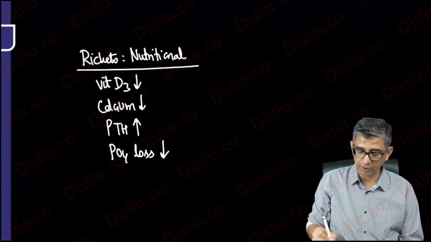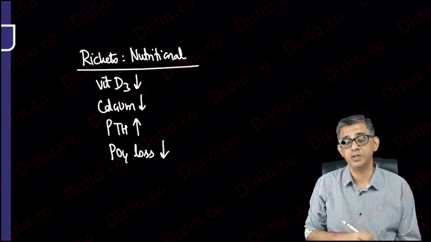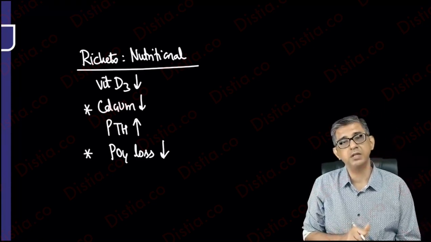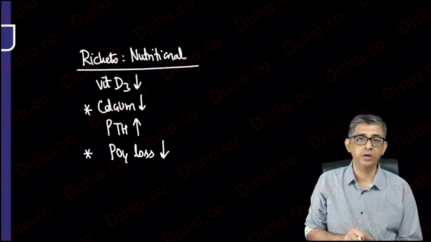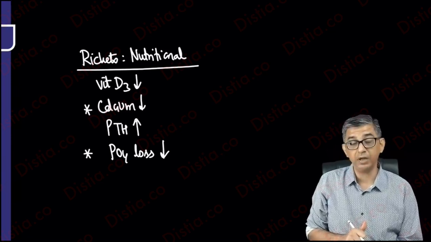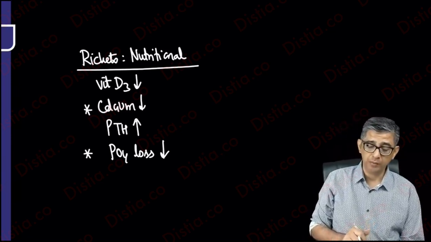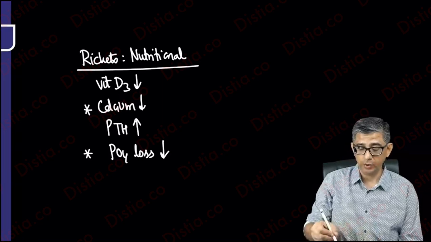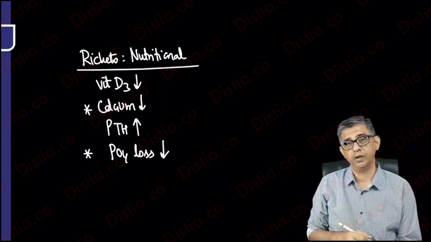Therefore, you will notice that for the first time in this discussion, calcium and phosphate are going in the same direction. In all the conditions that I was discussing from the general medicine perspective, calcium and phosphate had an inverse relation. But from the pediatric domain, the moment I introduced nutritional rickets, calcium and phosphate were going in the same direction.